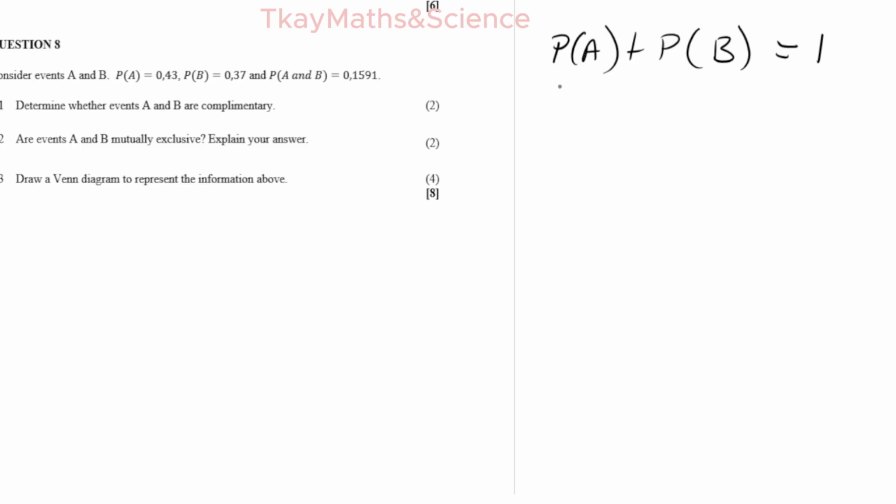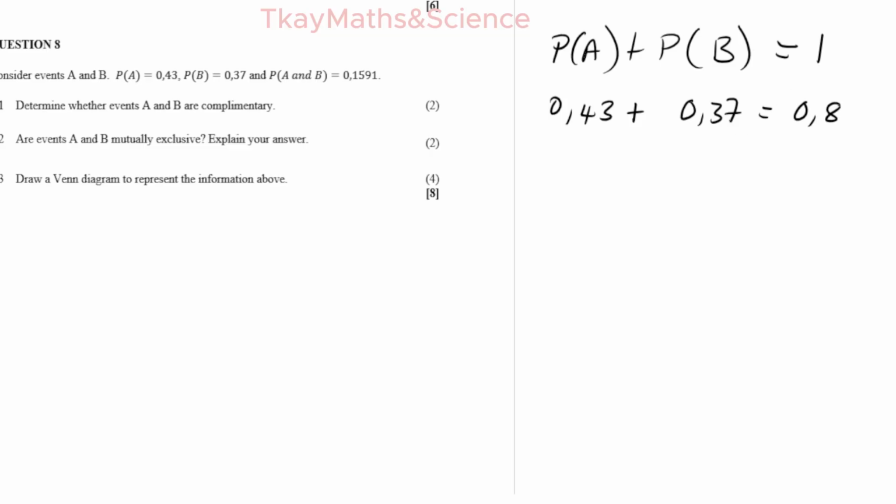The probability of getting A is 0.43, plus the probability of getting B, that is 0.37, which is equal to 0.8, which is not equal to 1.